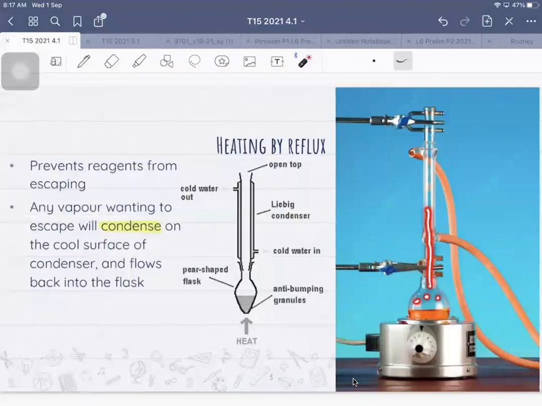The moment they enter the cold region of the condenser, they liquefy, turning from gas to liquid, and because liquid is heavy, it will fall back down due to gravity. So this is a great setup if your reaction contains volatile reactants or volatile products.